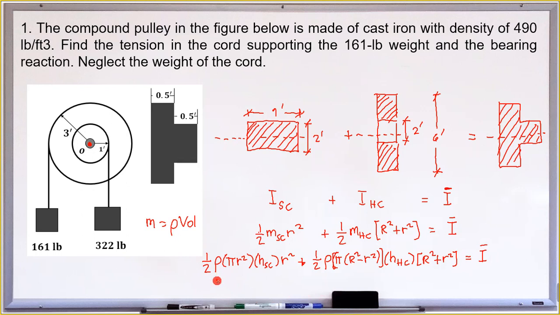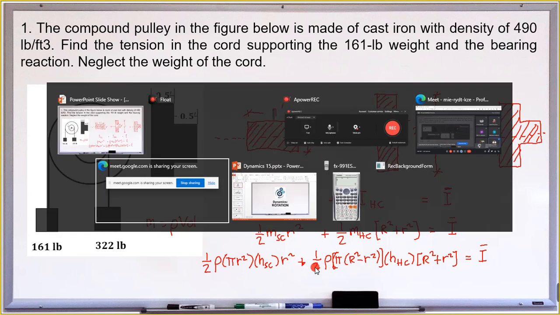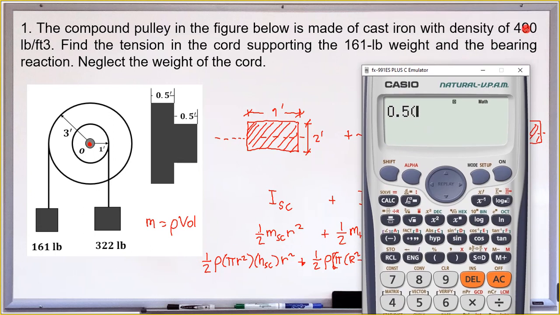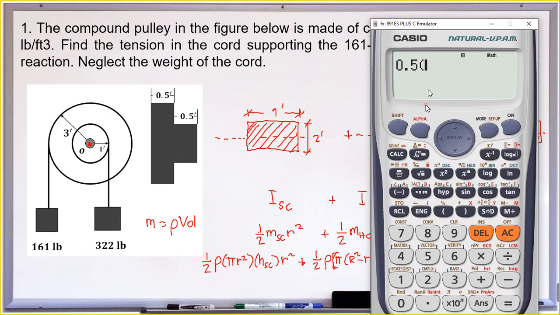Now if we plug in the values, let's just follow this formula, starting with the leftmost part. So we have 1/2, 0.5 times the density, given as 490 pounds per cubic foot.